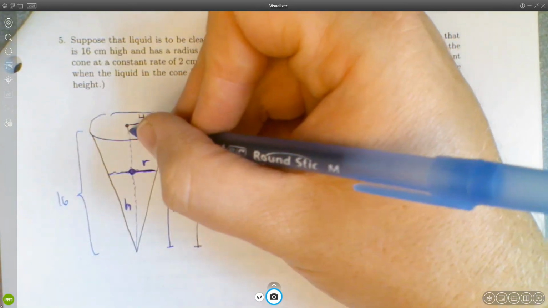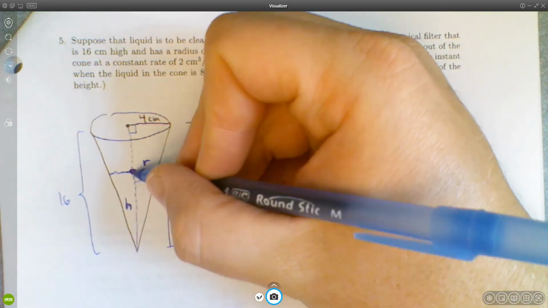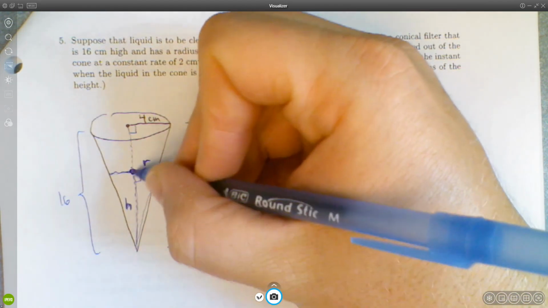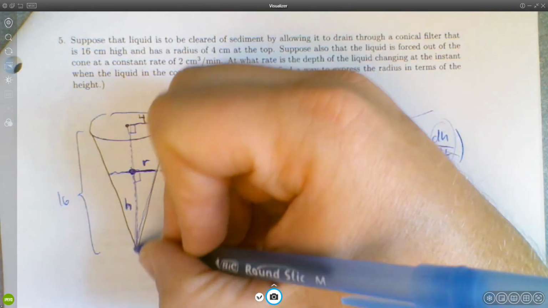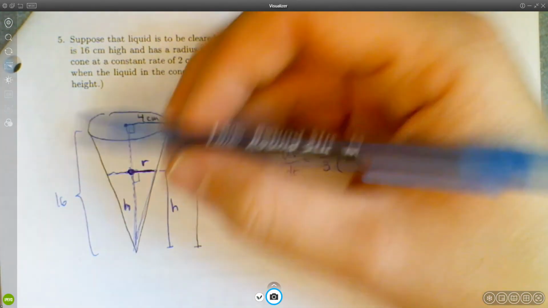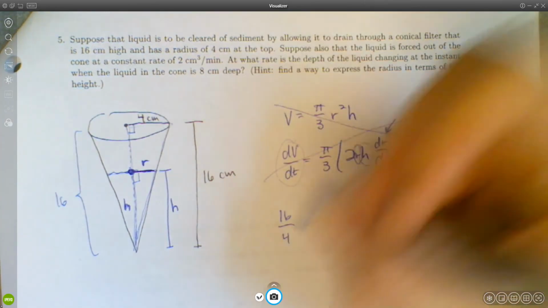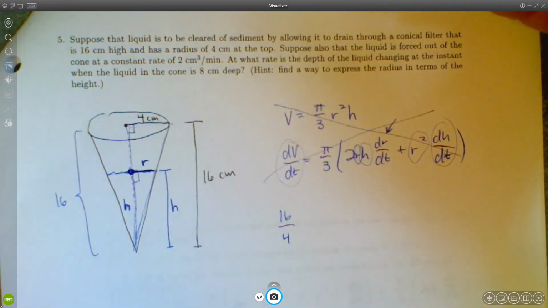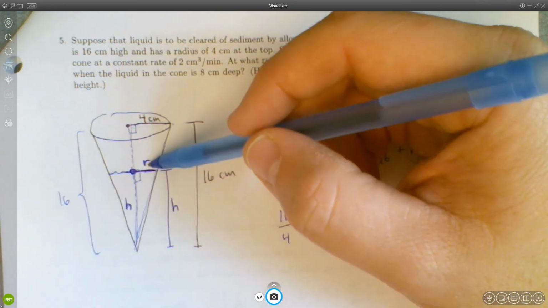So notice that these are similar triangles. This little triangle here is similar to the big triangle here, right? And so what that tells us is that, since similar triangles have proportional sides, 16 over 4 equals h over r.